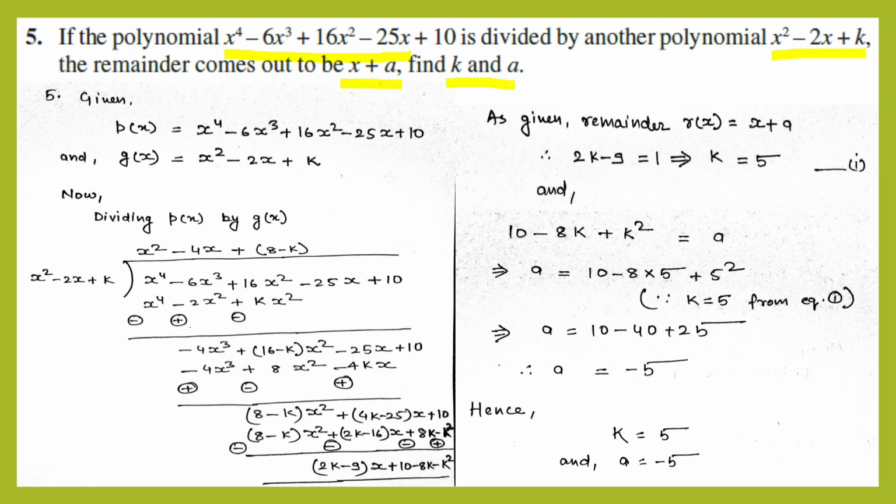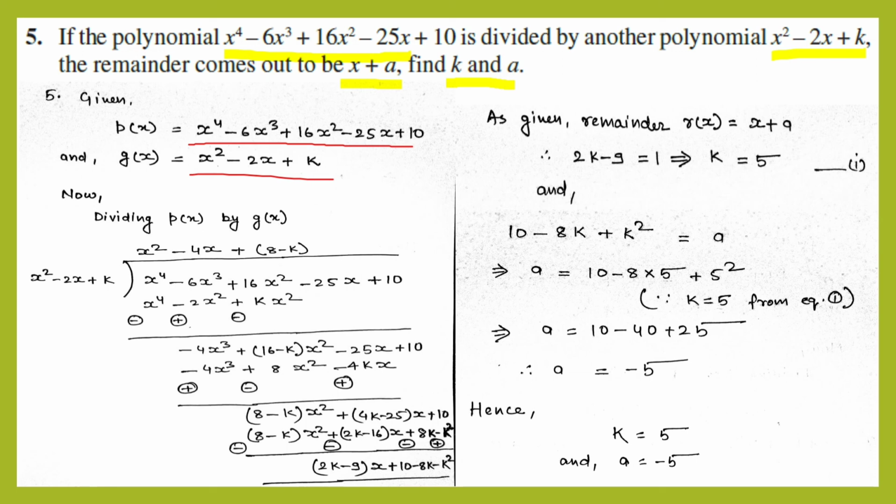So let's solve this. Let's say p of x is the given quartic polynomial, and therefore p of x equal to x to the power 4 minus 6x cube plus 16x squared minus 25x plus 10, and g of x is the given quadratic polynomial, and therefore g of x equal to x squared minus 2x plus k.